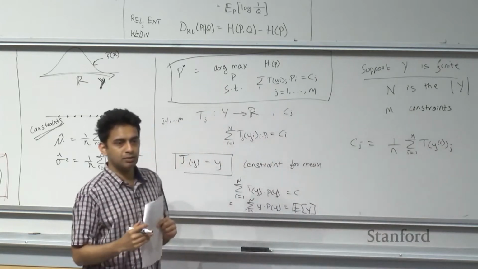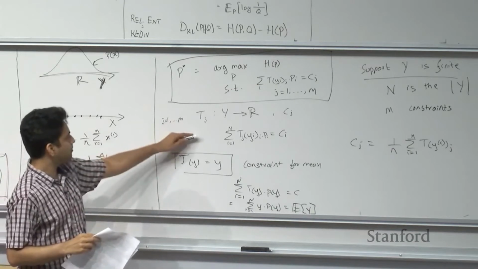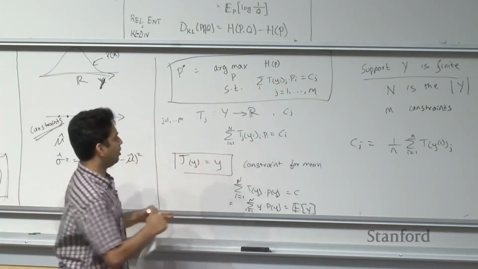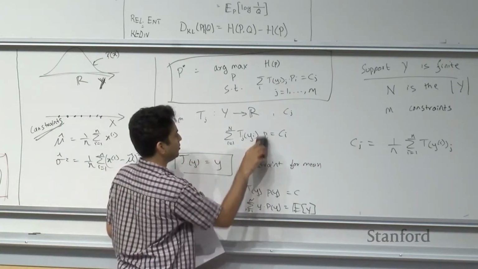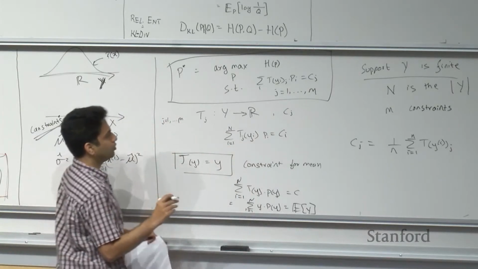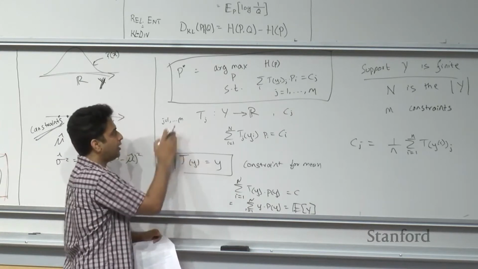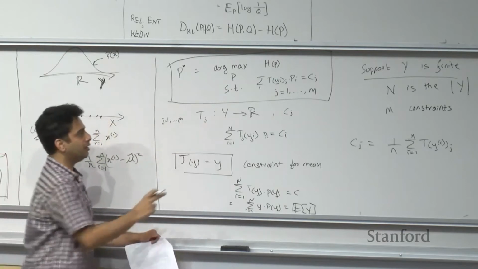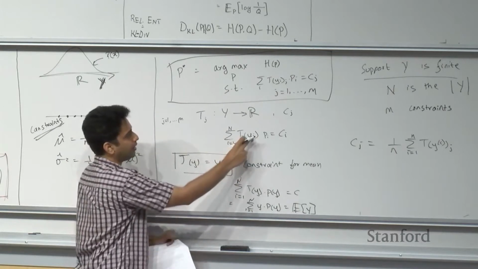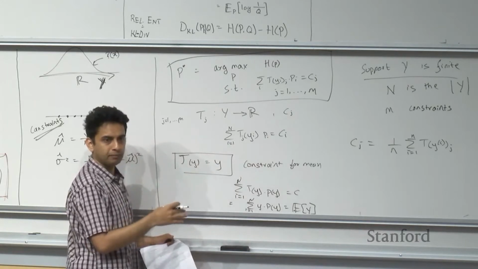Question: I'm a bit confused about the notation right below the definition of c_j. There's an i after the y bracket. Oh yes, you're right, thank you. So to clarify the notation, there are m such t functions, each indexed by j. t_j is the jth t function, and i is the index we use to scan the support of y.